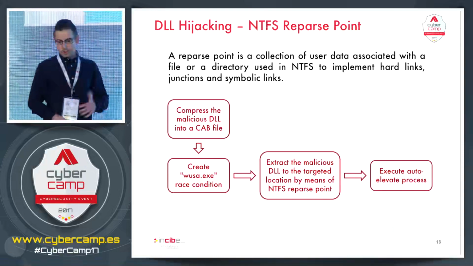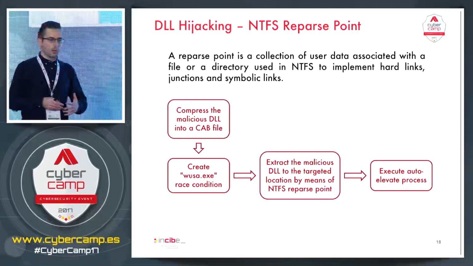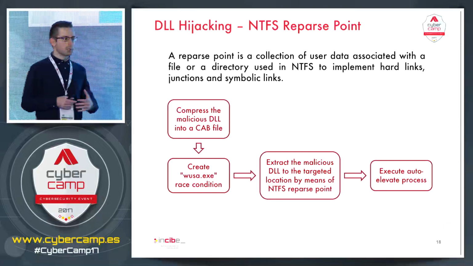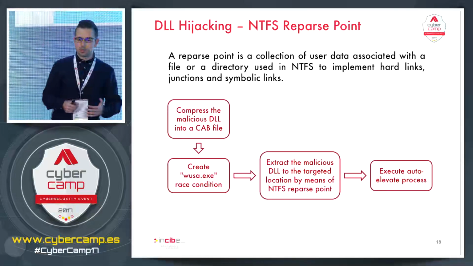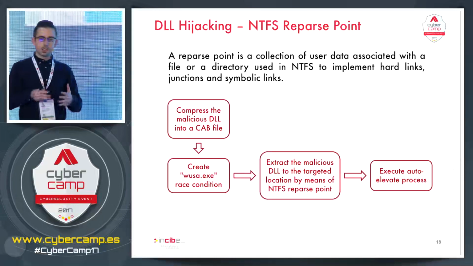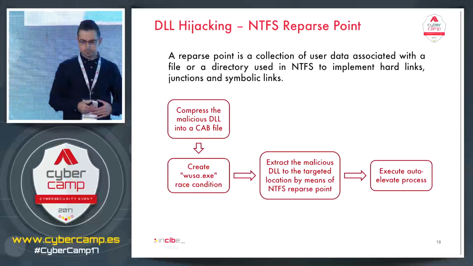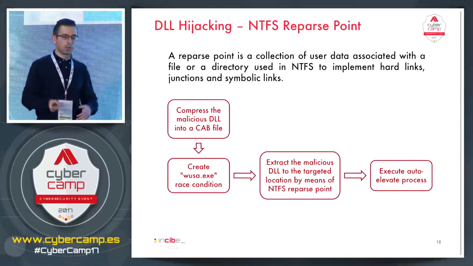Another pretty new hijack or attack is the so-called NTFS reparse point. In Windows, this would be a symbolic link or a junction point. So we would compress the malicious DLL into a CAB file as in the WUSA case before.